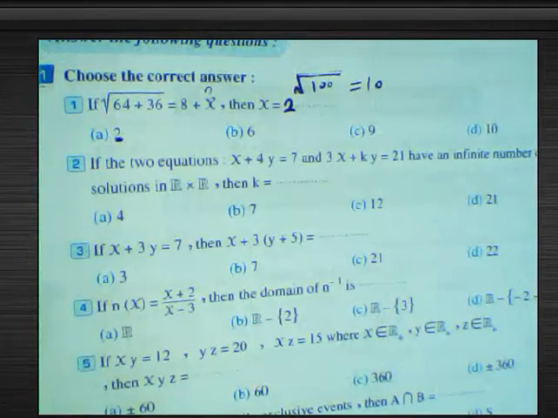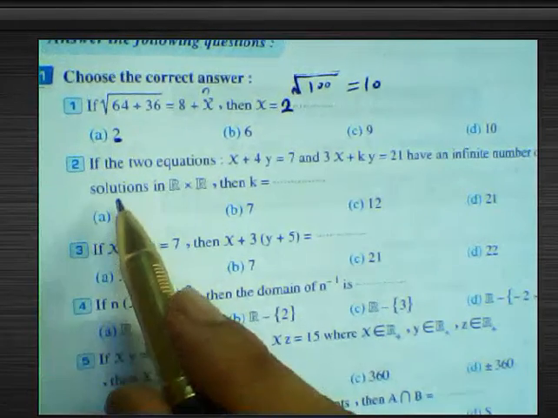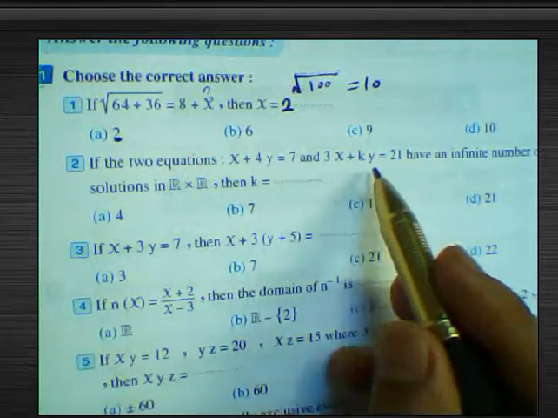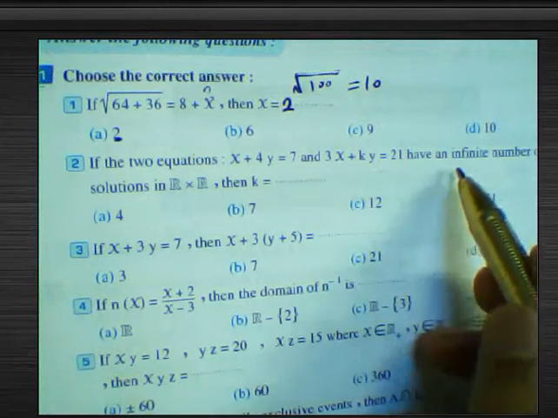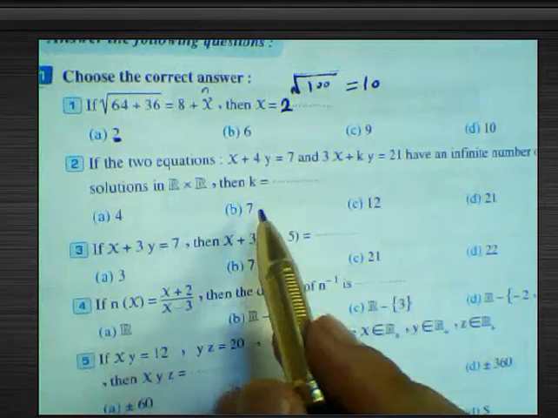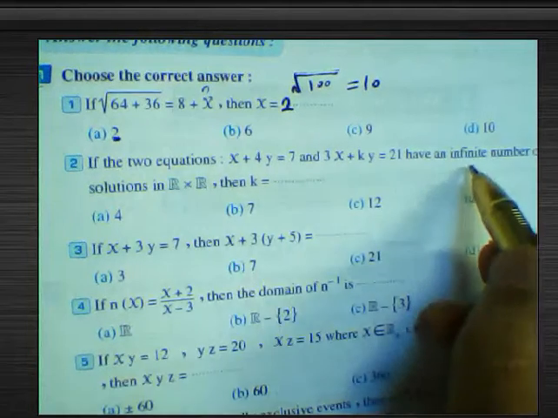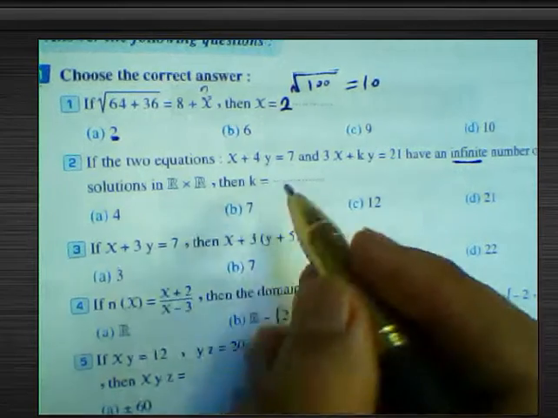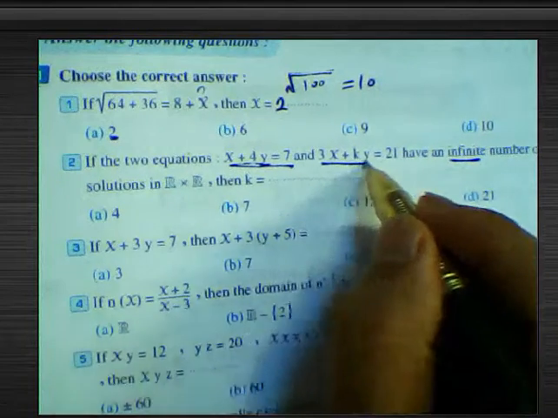Question number 2. If the two equations x plus 4y equals 7 and 3x plus ky equals 21 have an infinite number of solutions in R, then k equals? We have an infinite number of solutions, so the first equation must be equal to the second equation.